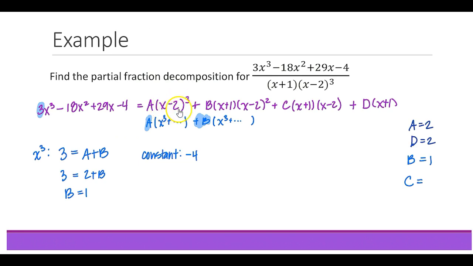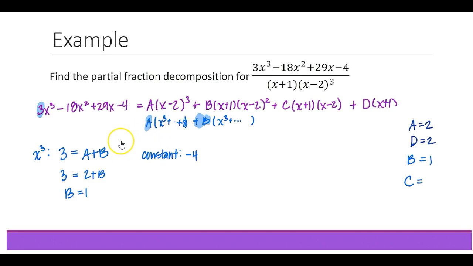Well, here, if I were to multiply all this out, I'm going to have this last term, negative 2, raised to the third power. So I'm going to have x cubed plus some terms, and then at the end, I'm going to have negative 2 cubed, which is a negative 8. So here, there would be plus dot dot dot plus negative 8. Sorry to sort of squeeze that in there.